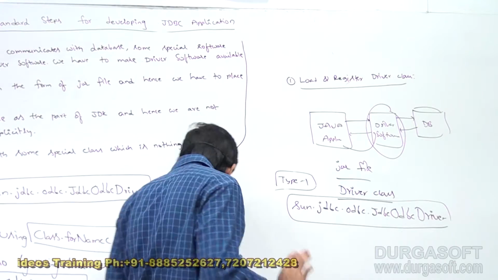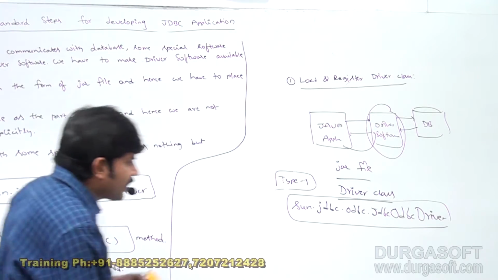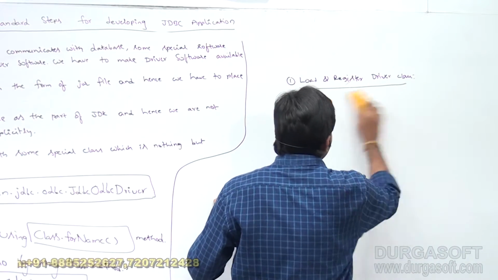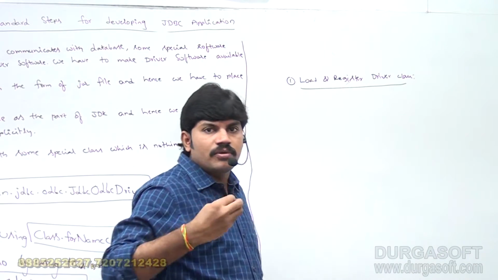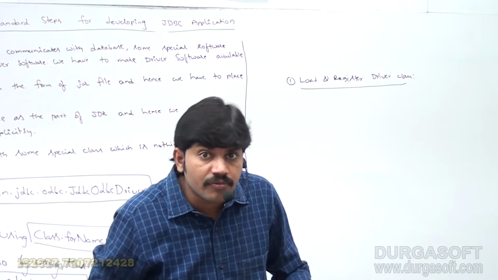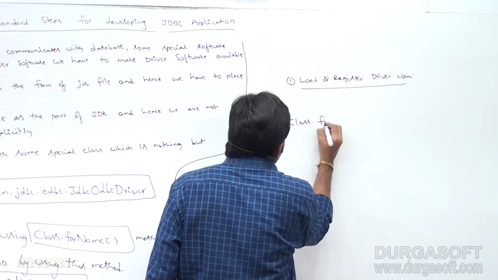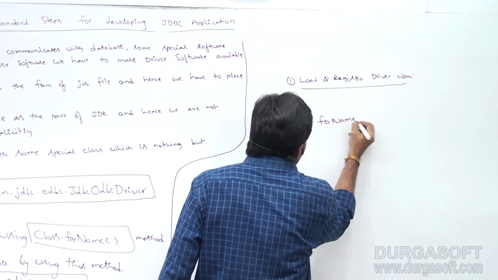But to load and register this driver class, what method do we have to call? Usually, which method do we use to load a class? Do you know? Class.forName method.